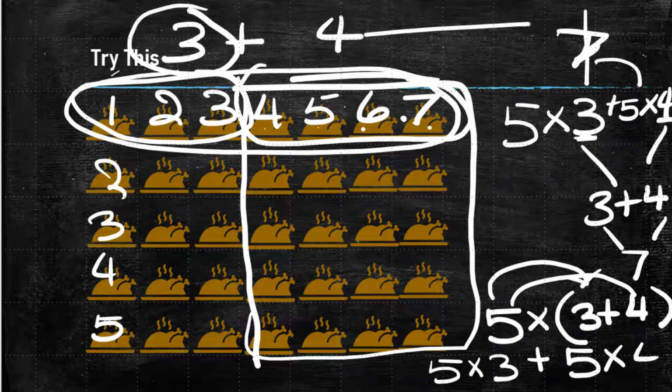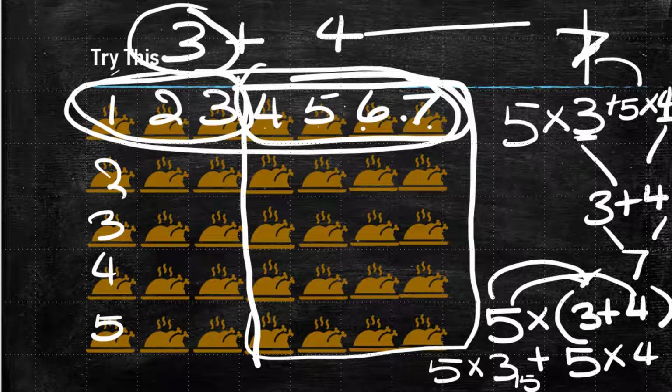Okay, so the answer you get for 5 times 3, which is 15, and the answer you get for 5 times 4, which is 20, if I add those together, do I get the same answer as 5 times 7, considering that 3 plus 4 is 7?